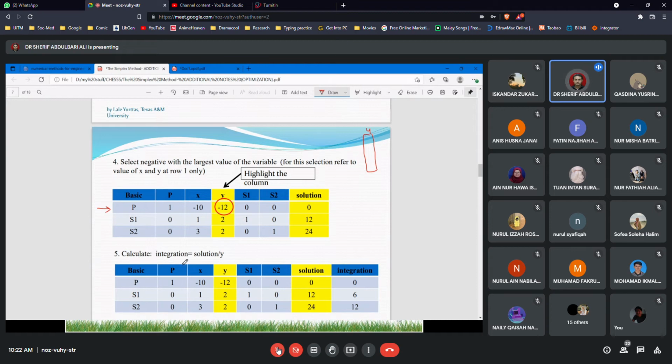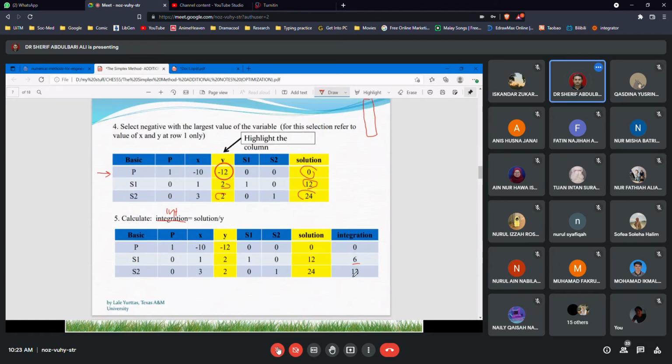I need to make some calculations: the solution over the column Y. So this value I'm going to divide over negative 12. 12 I'm going to divide over 2. 24 I'm going to divide over 2. So I'm going to get the answer of 6 and 12. Clear? Okay.